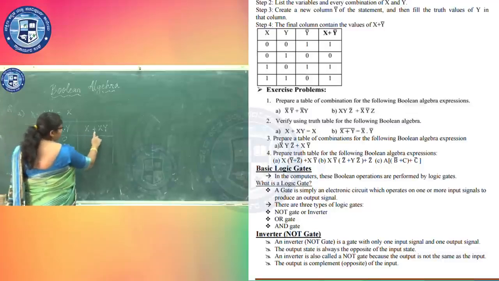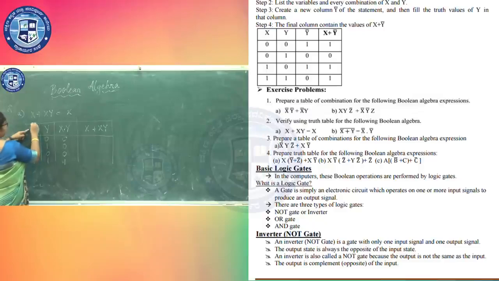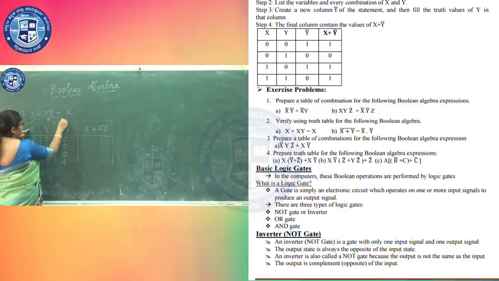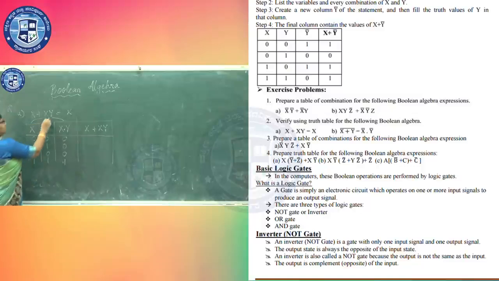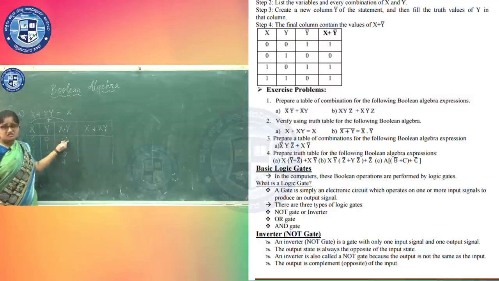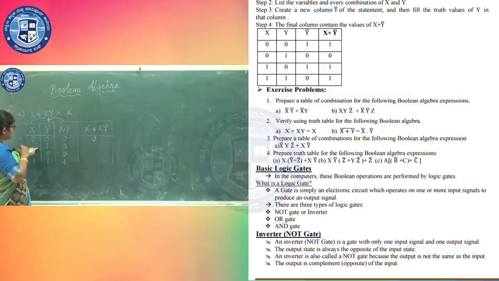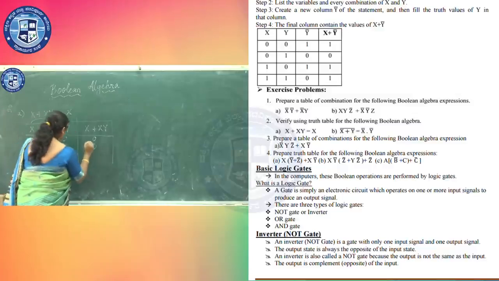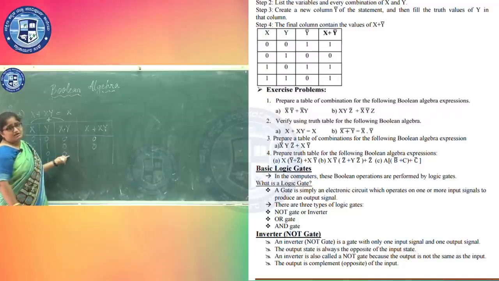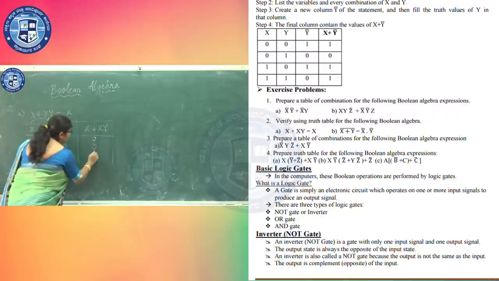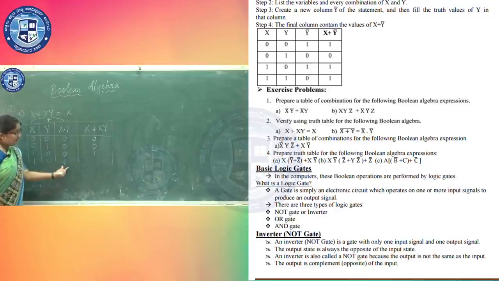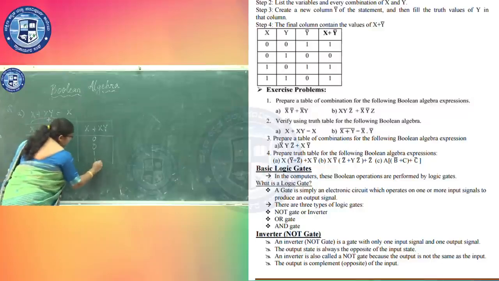Next, x or xy. Do something like this during the exam also, so that there won't be any sort of confusion. 0 or 0, there is no value at all, that will be 0. 0 or 0, 0. 1 or 0, I already have a value 1, so that is 1. 1 or 1 is 1.